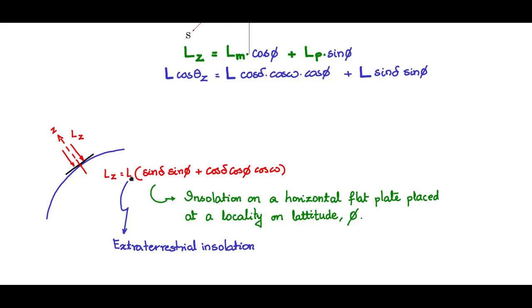If you place a 1 meter by 1 meter square plate, the amount of insolation falling on that is this L, which is very close to the solar constant of 1.37 kilowatt per meter square. However, it will vary from the solar constant depending upon the time of the year. We will discuss that shortly, but keep in mind that this is outside the Earth's atmosphere.